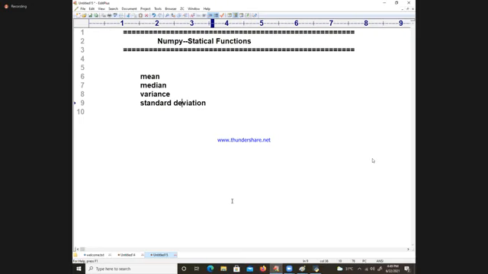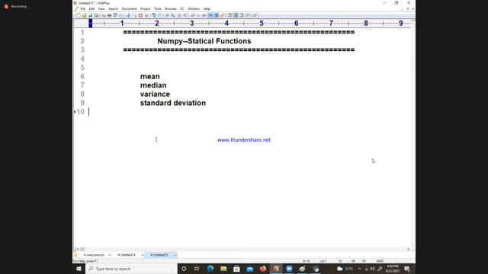Some of the essential statistical functions are like this. At our analysis and analytics level, there is a chance of applying mean, median, variance and standard deviation functions. Whenever these operations are required, we apply these functions without writing the logic on our own.